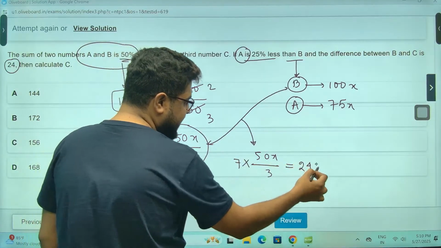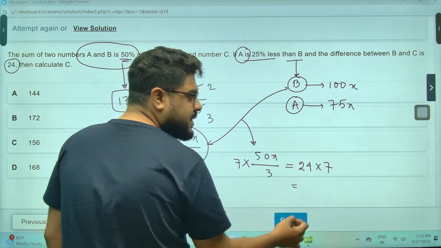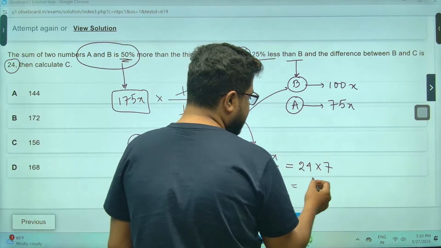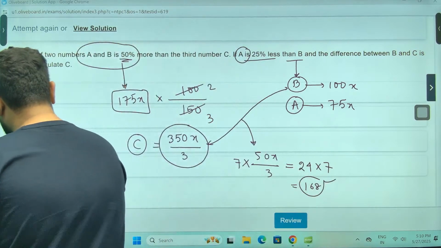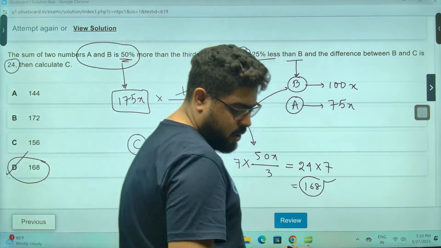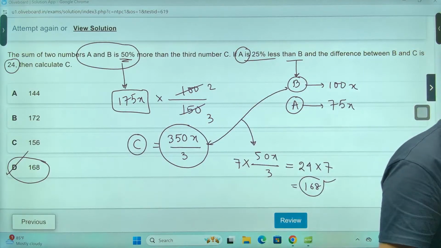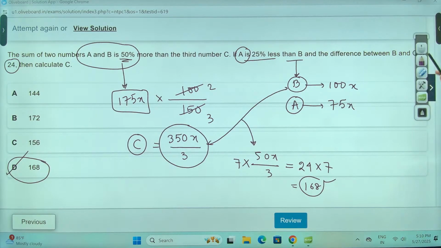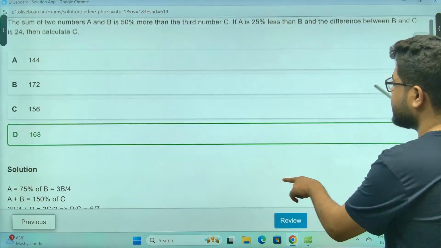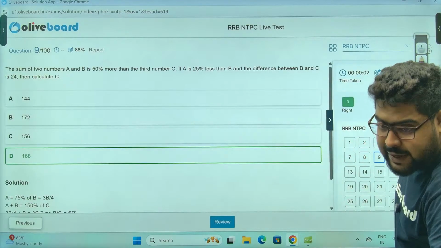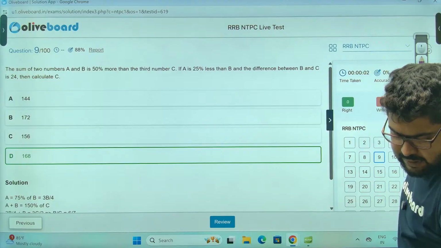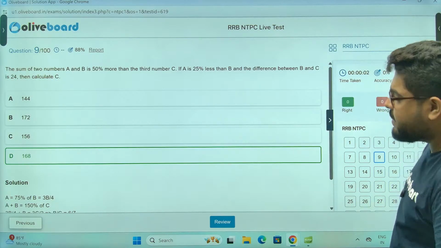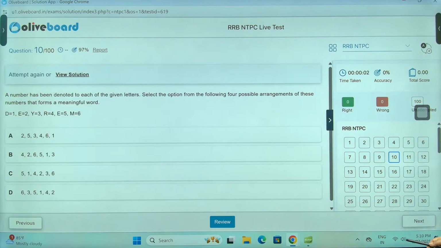Multiply 7, multiply 7. So 140 and 28, 168. Option D is the answer. Yes, Reena, you are correct again. Very, very good. Perfect, everybody. I hope this completely makes sense to everyone.